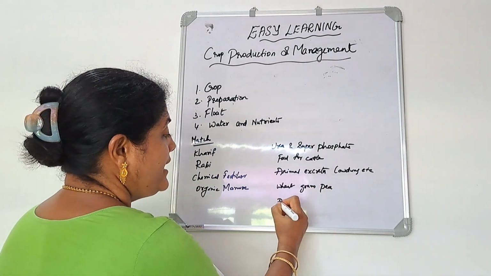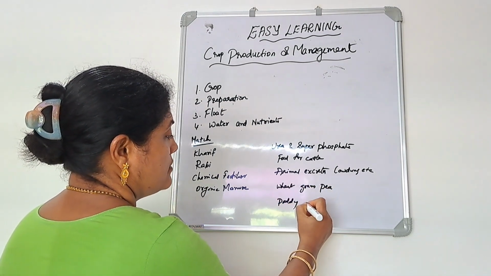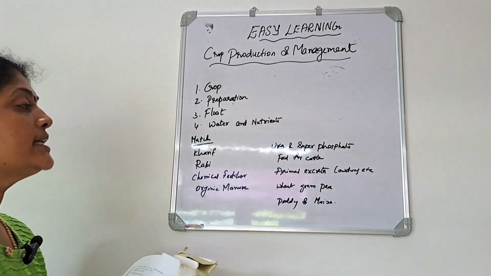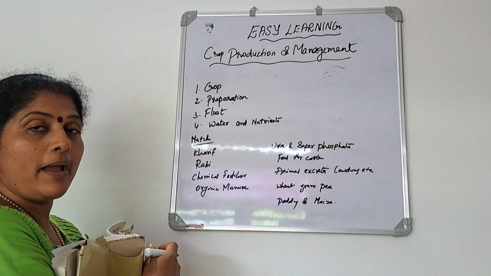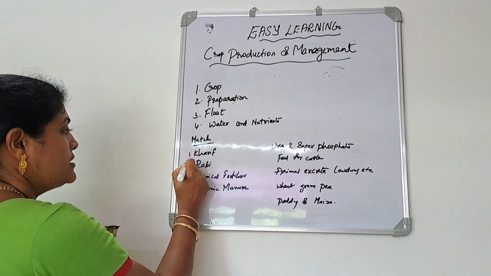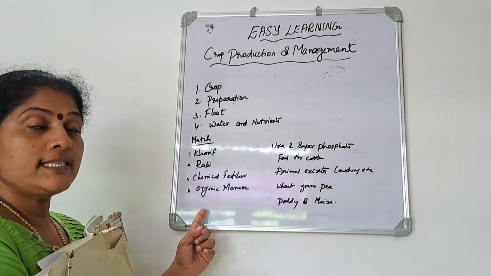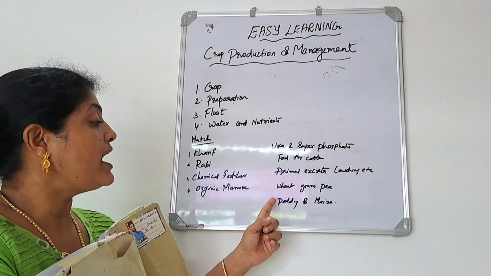Fifth one, it is paddy and maize. So these are the two columns which is given for match the following. So let us match. So total 4 questions are given, but in the answer part 5 which is there.